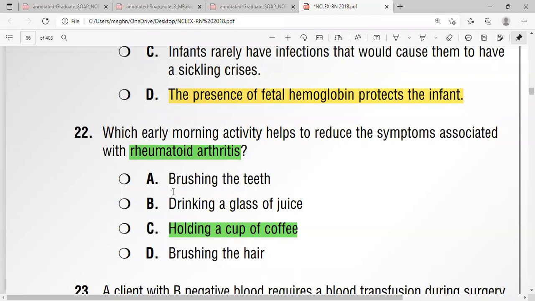So answers A, B, and D do not relieve the symptoms of rheumatoid arthritis. Therefore, they are not the correct answer.